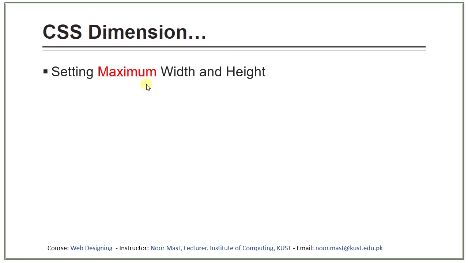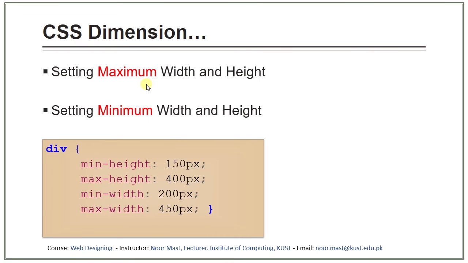And similarly, an element cannot be taller than the maximum height value even if the height property value is set to a greater value. You can also specify the minimum width and minimum height properties for an element contents area. You can use both of them to specify the maximum and minimum range of the width and the height properties.